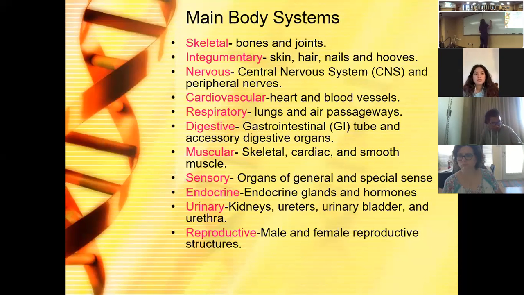Here's my ovaries. Here's my little fallopian tube. That's what moves the eggs. Humans have a very large uterine body and very short uterine horns. And that's because we're only meant to have one baby.